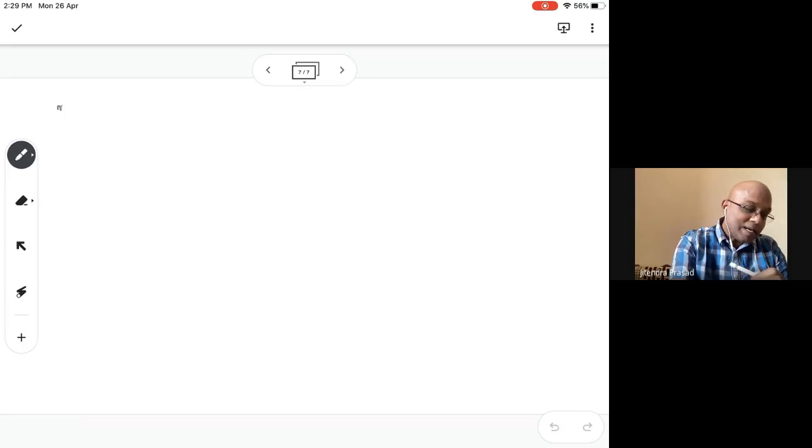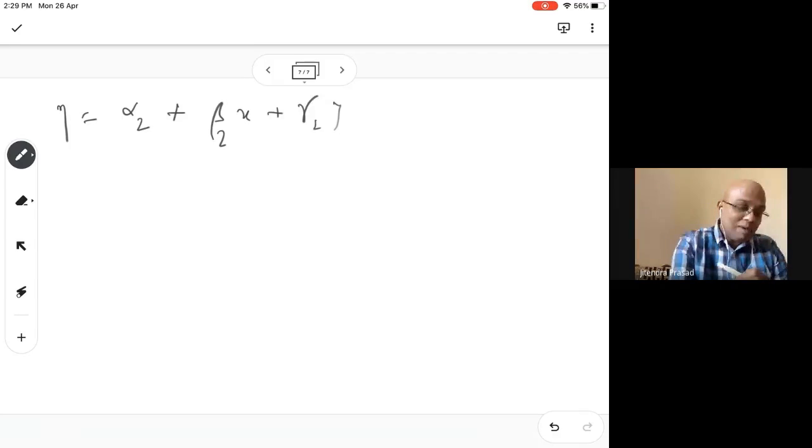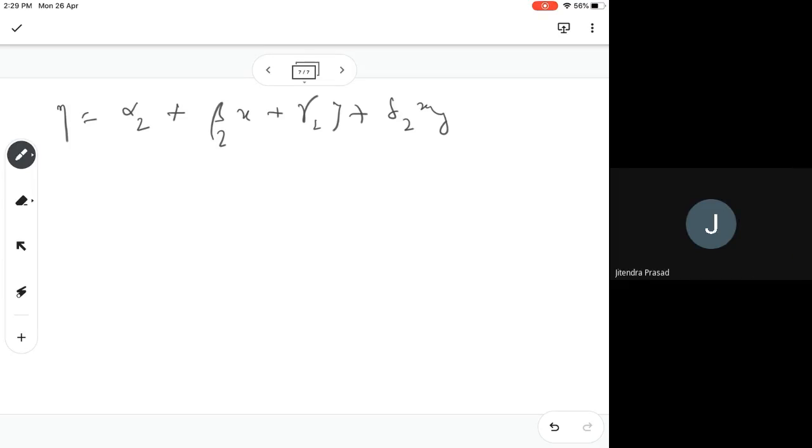So similarly, you can say eta equals alpha 2 plus beta 2 x plus gamma 2 y plus delta 2 xy, right? And hence you will have basically the same matrix. So you will get alpha 2, beta 2, gamma 2, delta 2 equal to M inverse, the same matrix will be there because it will be x1, y1 and so on.